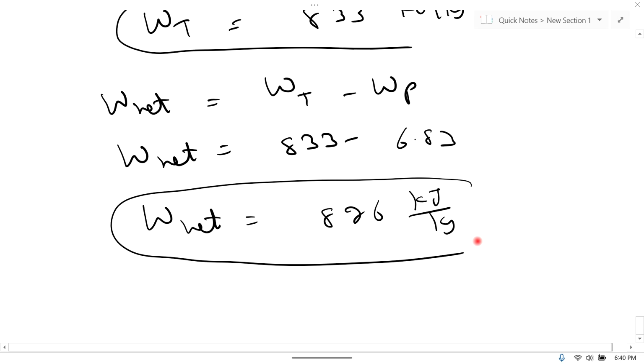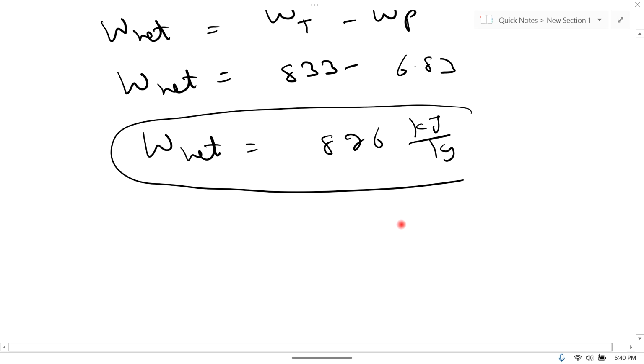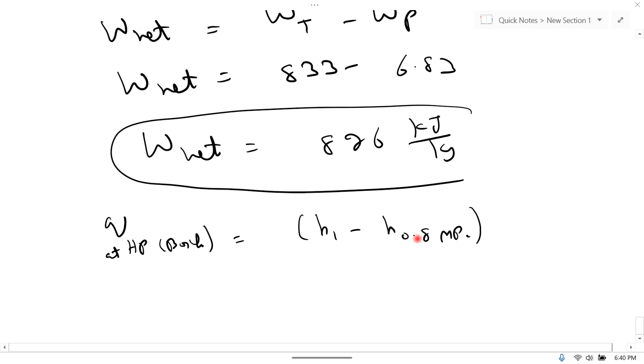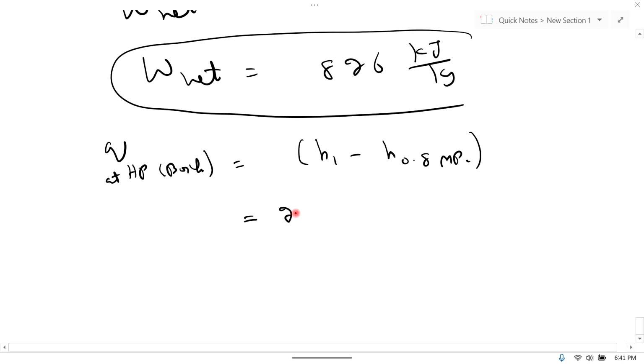And heat added to the system, heat in the boiler. Now Q of heat at high pressure in the boiler. So this is equal to H1, main enthalpy at high pressure, minus H at 0.8 megapascal, which is equal to 2916.36 minus 719.